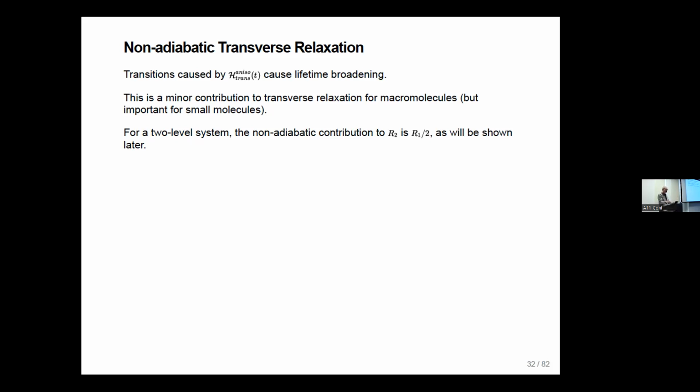If the transition frequencies are a little uncertain, then the precession frequencies have some uncertain component, and that will lead to broadening of the transverse coherences. So that's called lifetime broadening in spectroscopy because the effect depends on the lifetime of the states. And eventually we'll see that if we have a two-level system, that contribution from the anisotropic components is R1/2, a very simple result.